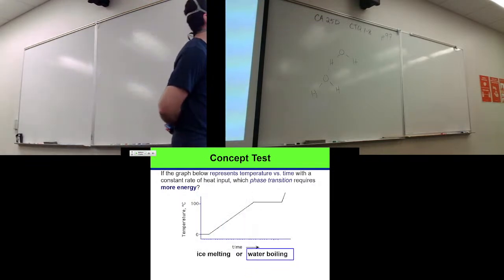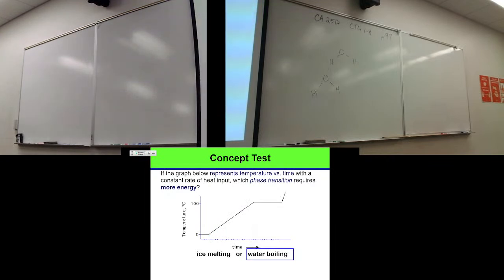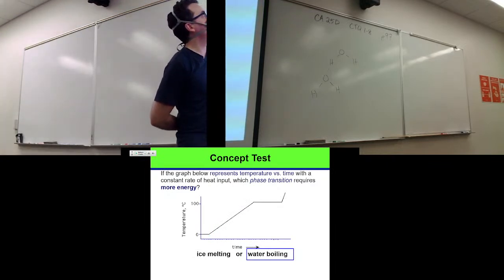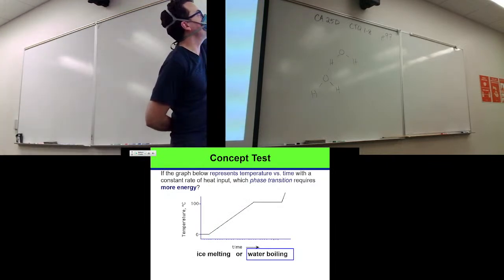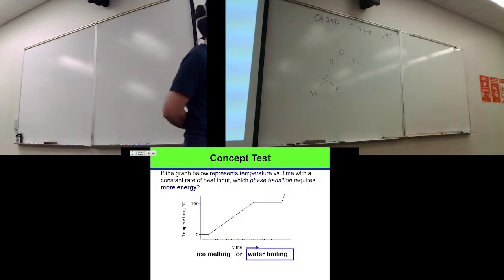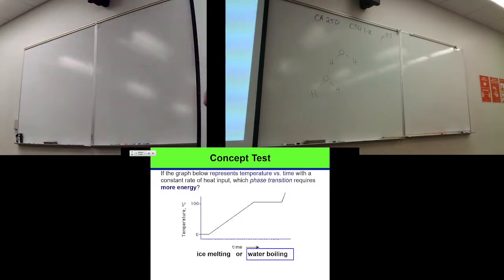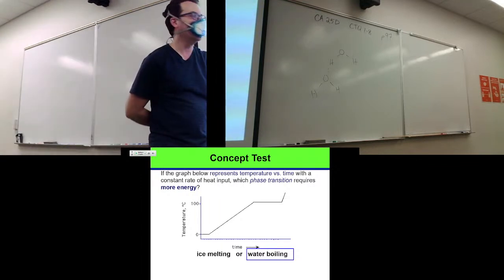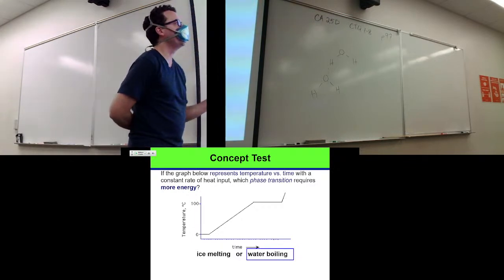Excellent. By the way, this has time on the x-axis, but the description says we're applying a constant rate of heat input. So, over a certain amount of time, you get a constant amount of heat added. So it's the same as heat added, basically.